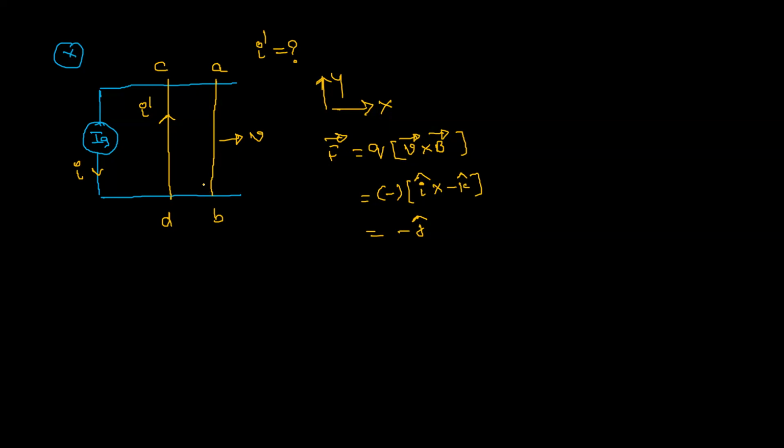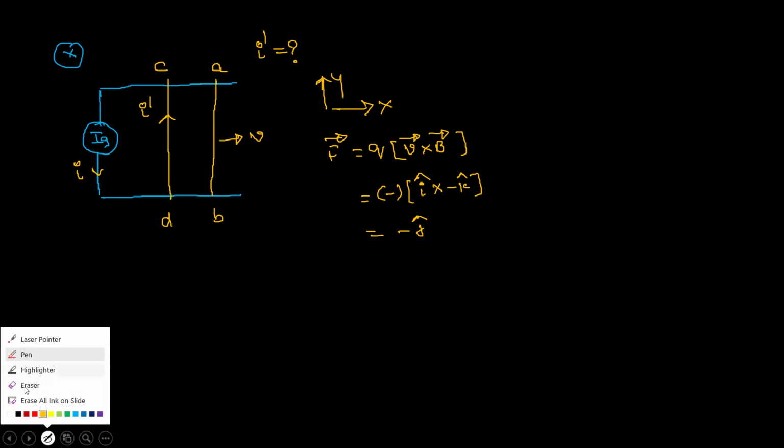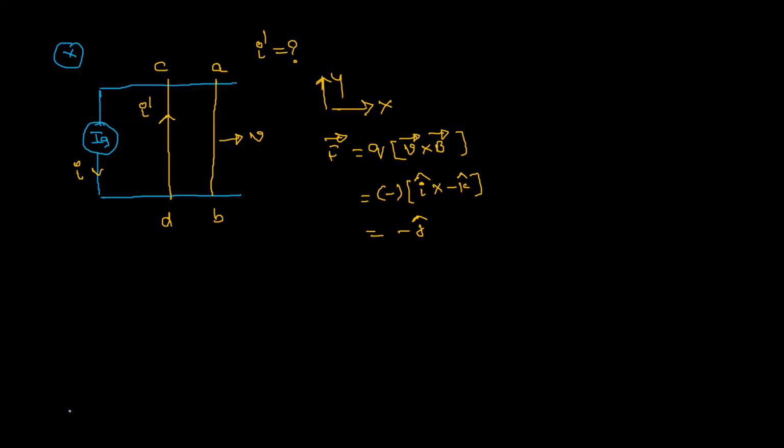That means if we redraw the circuit, we can replace the wire AB with a battery.